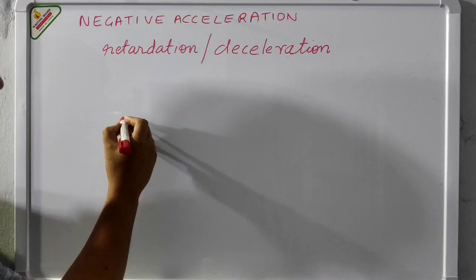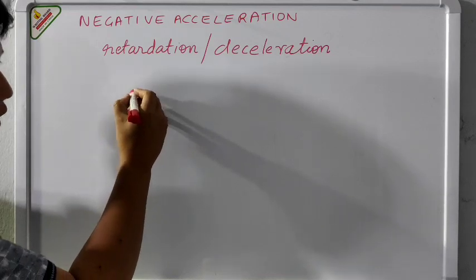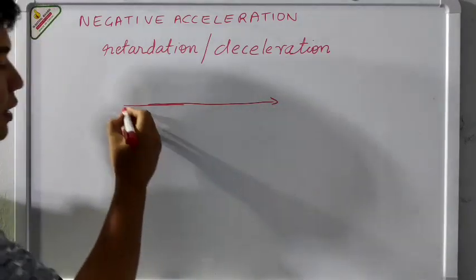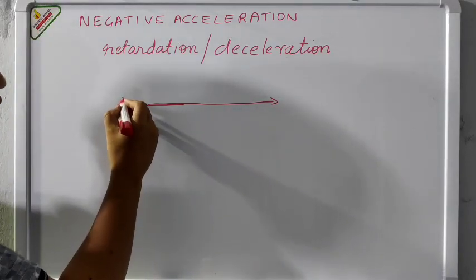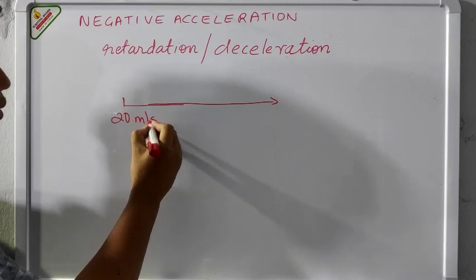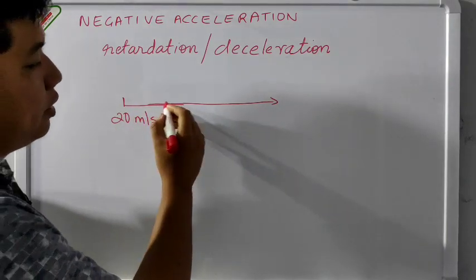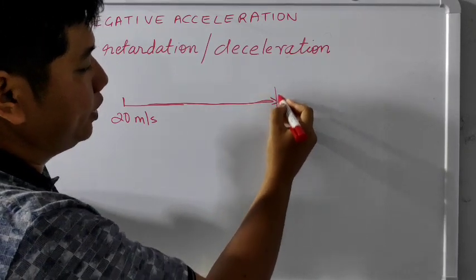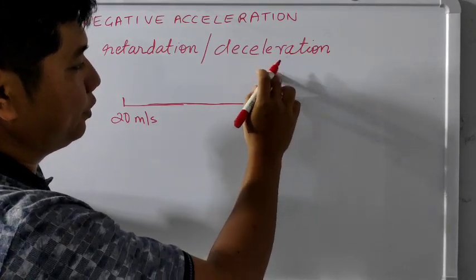Let us consider an example. Again, the scooty. Initially, the velocity of the scooty is 20 meters per second. When brakes are applied, it finally stops. When it stops, the velocity becomes 0.